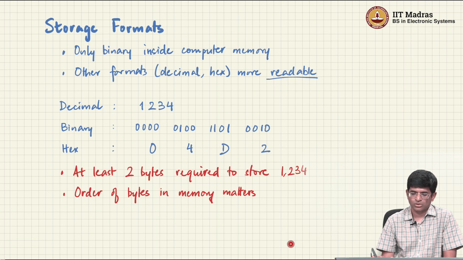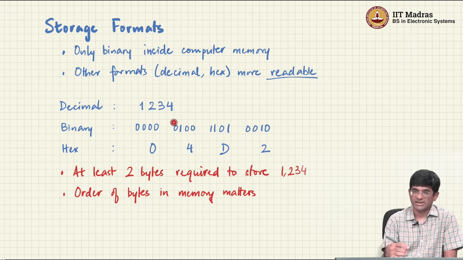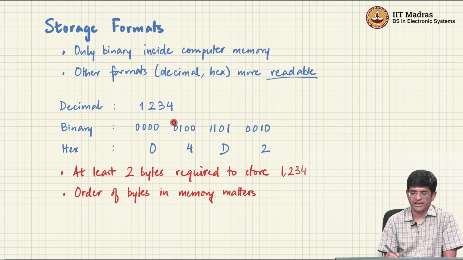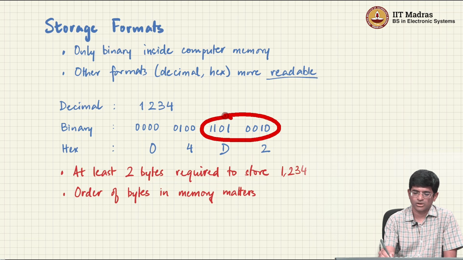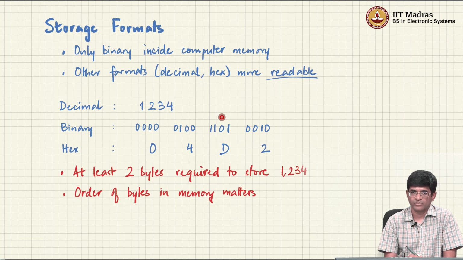Now of course if we think in terms of how do I store this value, what you can see is I need, if I am working at a byte granularity, I need at least 2 bytes in order to store this decimal value.